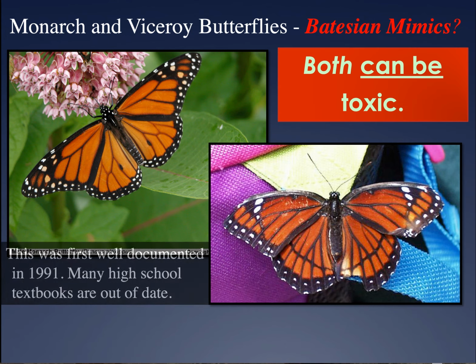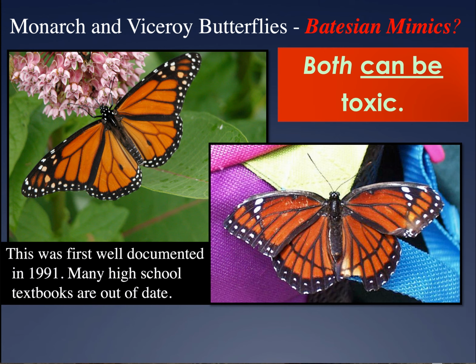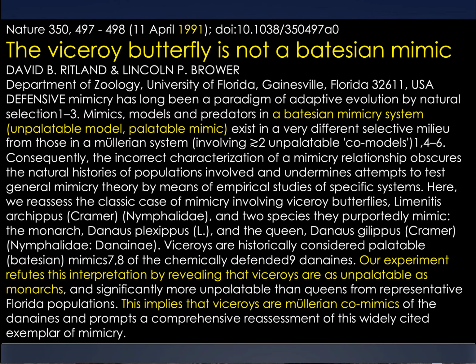And that actually forms a different kind of mimicry. This goes back all the way to 1991, and yet some people still don't know the lesson. So we're coming up on 30 years of knowing this. Here's a paper from 1991 in one of the world's most prestigious journals, Nature, in which it says the viceroy butterfly is not a Batesian mimic, that in fact both of them are possibly unpalatable, revealing that viceroys are as unpalatable as monarchs.